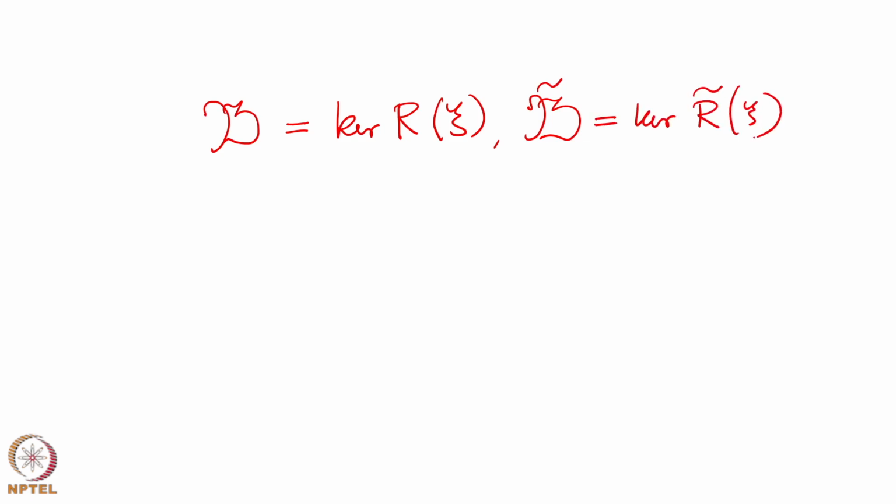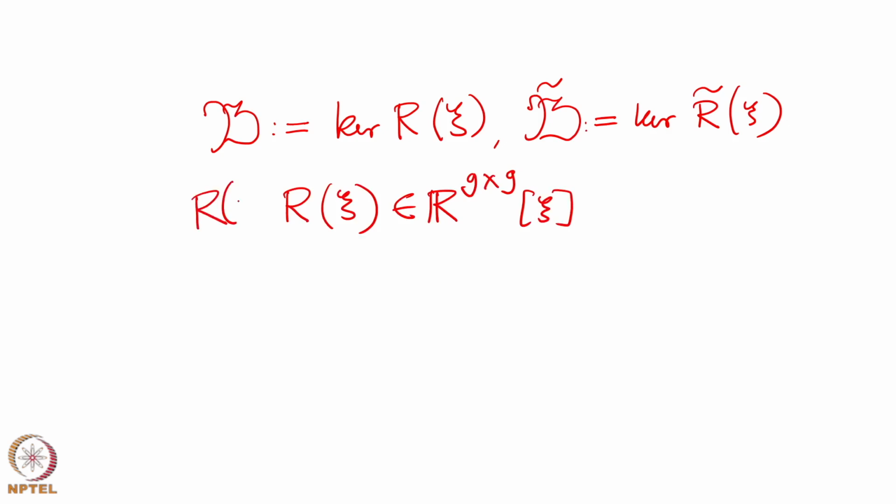So, we have two behaviors, behavior B, which is given by kernel of R psi, and we also have behavior B tilde given by the kernel of R tilde psi. We assume that these are both square with non-zero determinant, because that is the situation that we have seen so far.